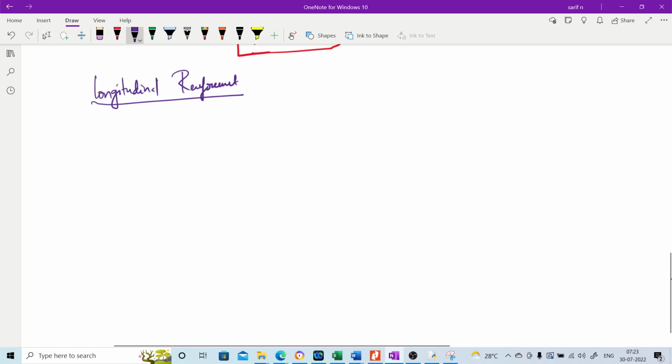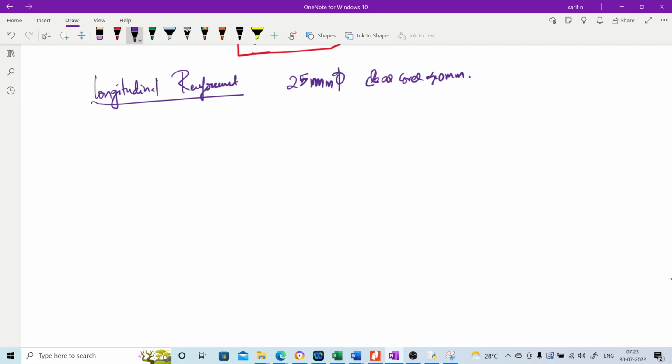So in this case, let us assume 25 mm diameter bars as the longitudinal bars, and a clear cover of 40 mm.